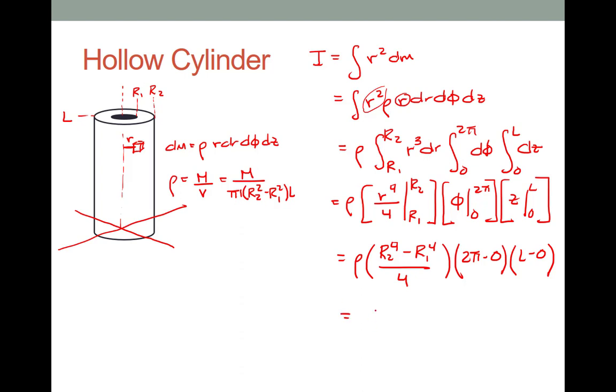Simplifying, this becomes the density times 2 pi L divided by 4 times R2 to the fourth minus R1 to the fourth. Now I can simplify this further, and so that is my next goal. Okay.